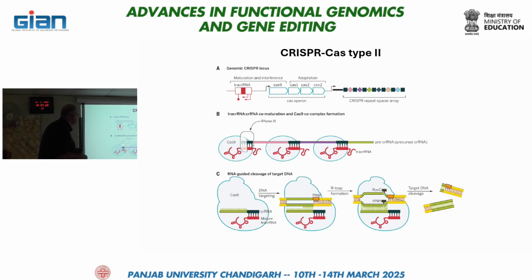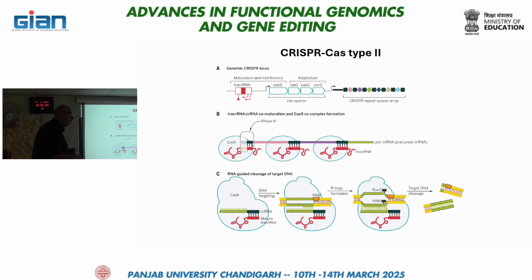Okay, so just to show you how it looks, the precursor crRNA, CRISPR RNA, is a long RNA. It has specific sequences complementary to some phages or plasmids, and the same repeated sequences marked here in black. The tracrRNA has a complementary sequence to this black repeated sequence, and as you can see here, it can bind, and Cas9 can bind as well to this complex.